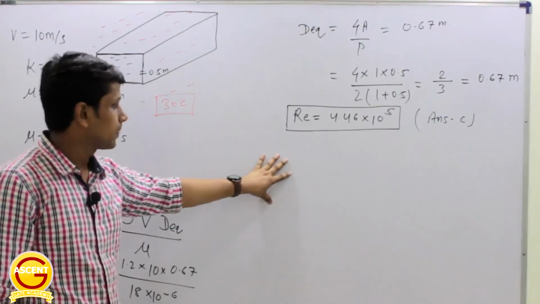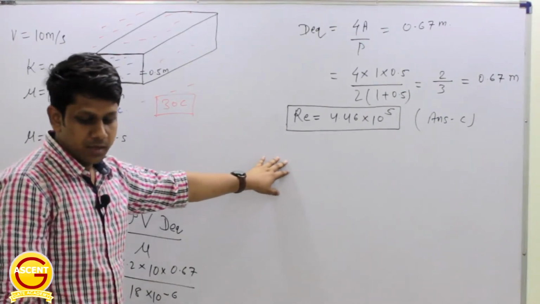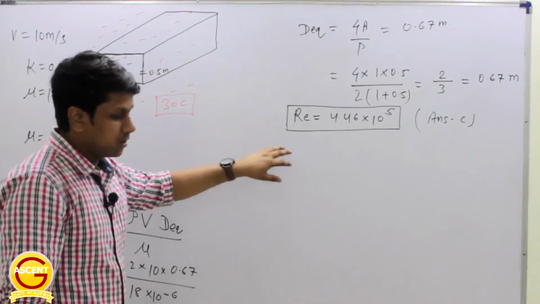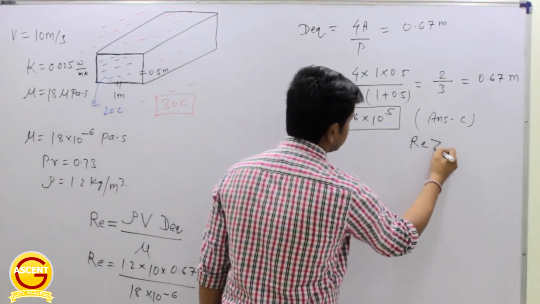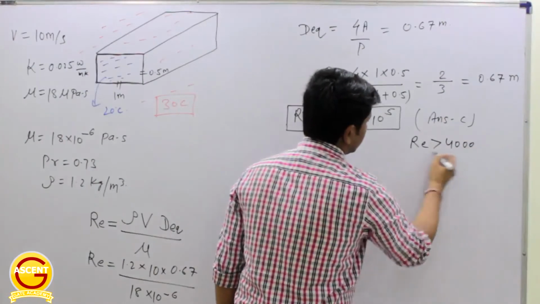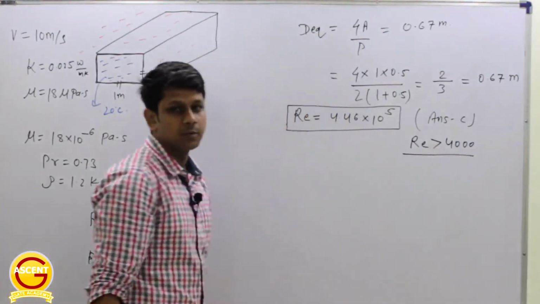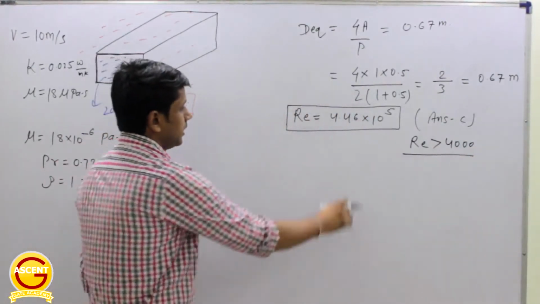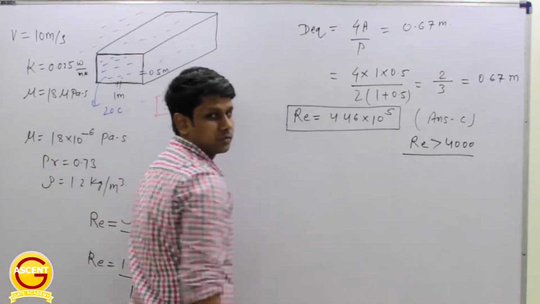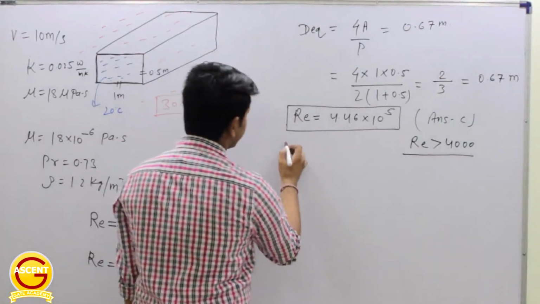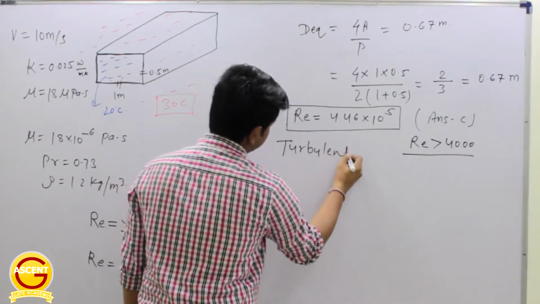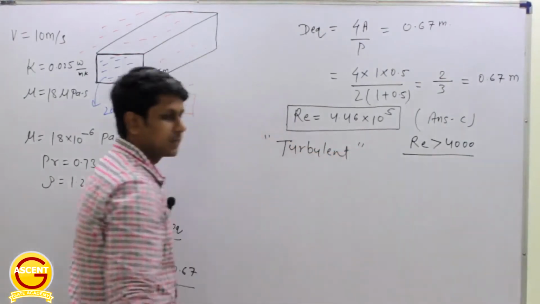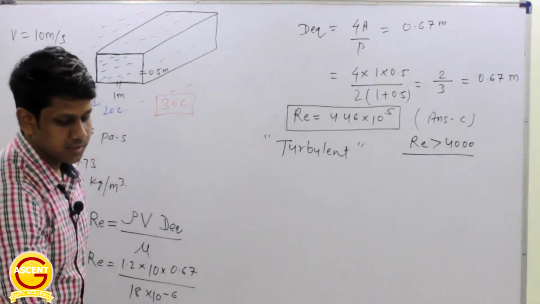As I have told you, if the Reynolds number is greater than 4000, the flow is turbulent. Here the value is greater than 4000, so it is a turbulent flow.